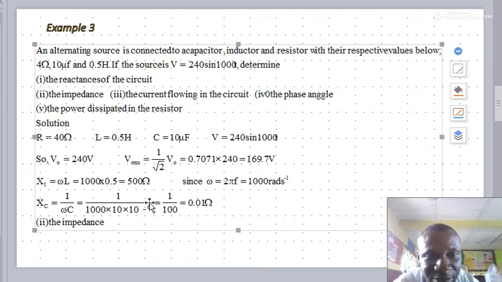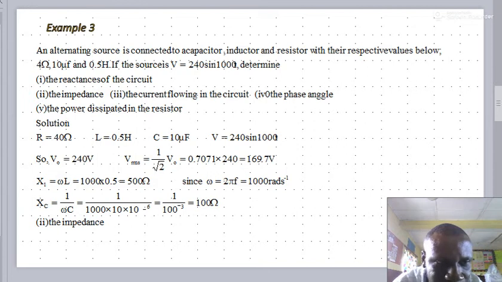Now we calculate the reactance. All we need to do is to apply omega into the direct formula, 1 over omega C gives us the capacitive reactance, and that will give us this value. As you can see here, I think it should be 100. Before we calculate the impedance, we need to know the reactances using their respective formulas.